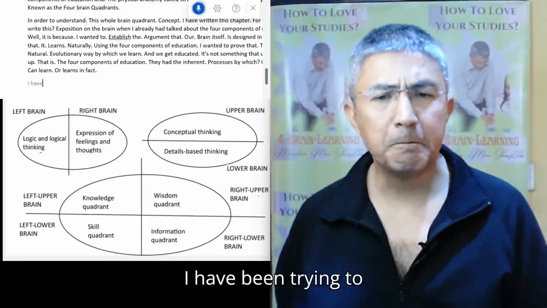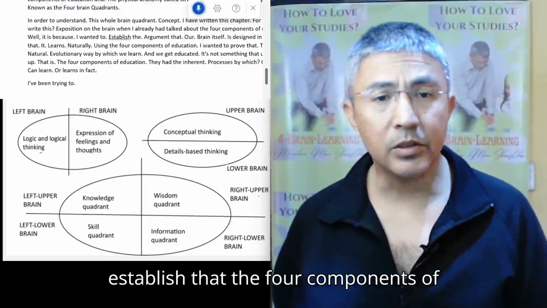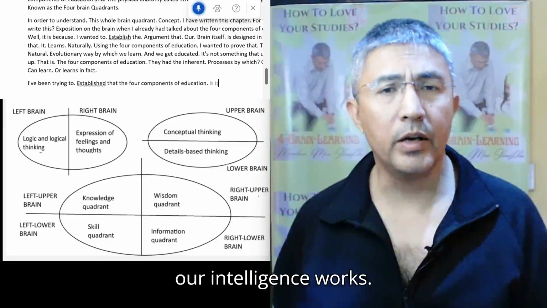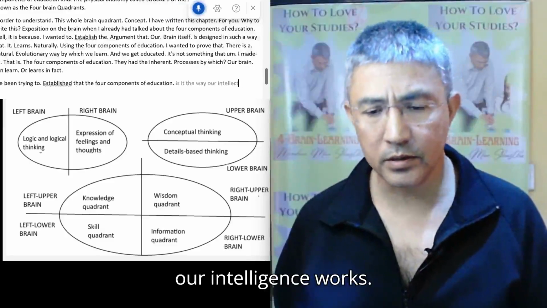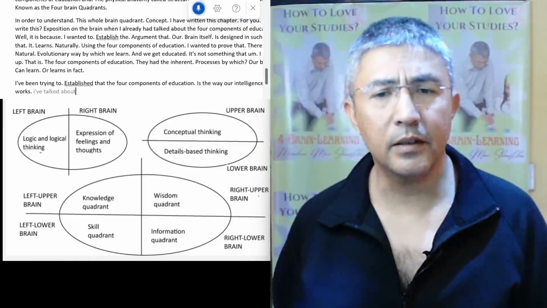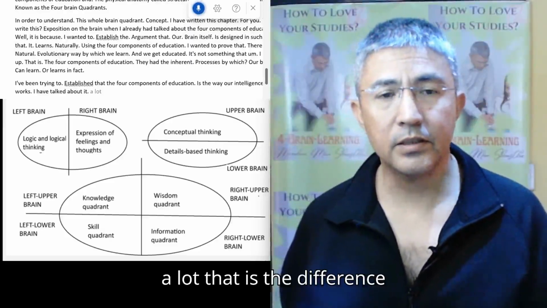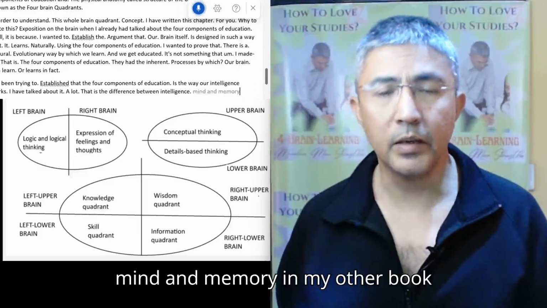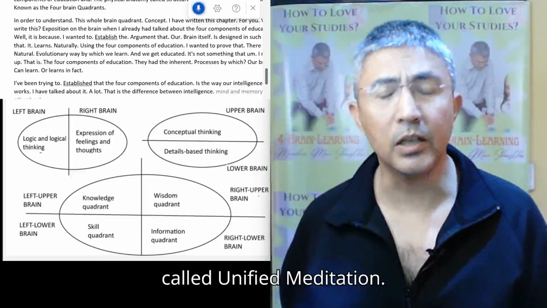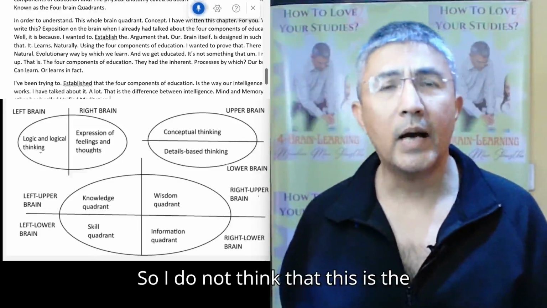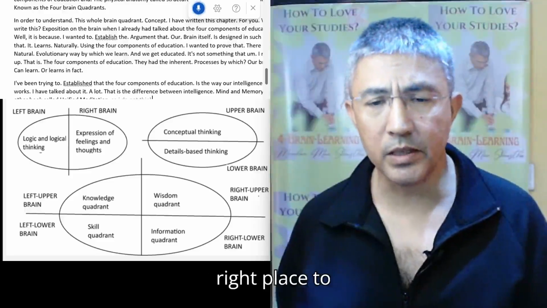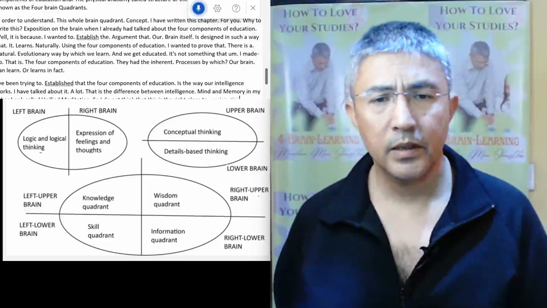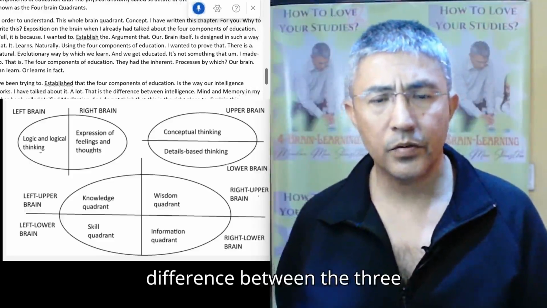I've been trying to establish that the four components of education is the way our intelligence works. I have talked about it a lot, that is the difference between intelligence, mind, and memory, in my other book called Unified Meditation. So I do not think that this is the right place to explain this difference between the three of these.